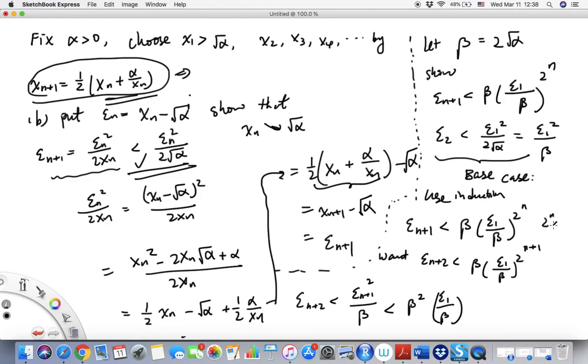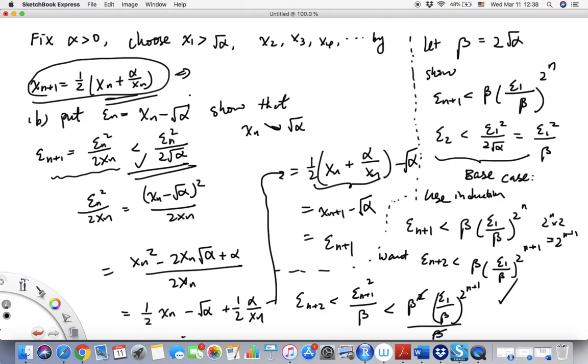So 2 to the n times 2 is equal to 2 to the n plus 1. So that's 2 to the n plus 1. And then what's next? Oh, there's a divide by beta, right? So beta squared cancels beta. Okay, so that's exactly what we want to show. Okay, so part B is done.